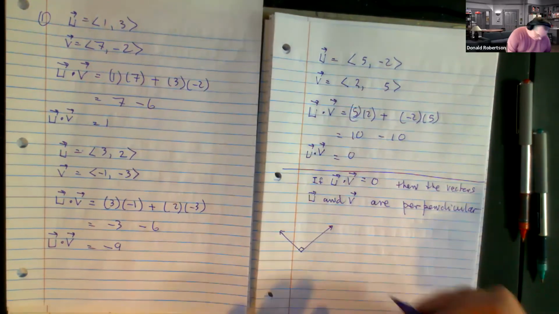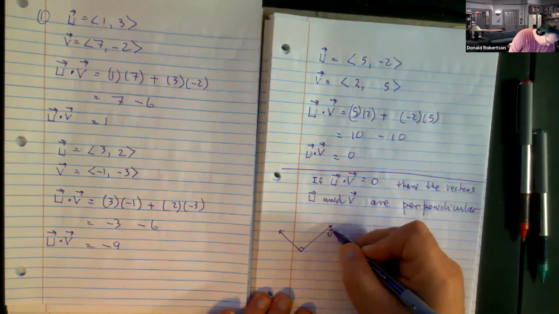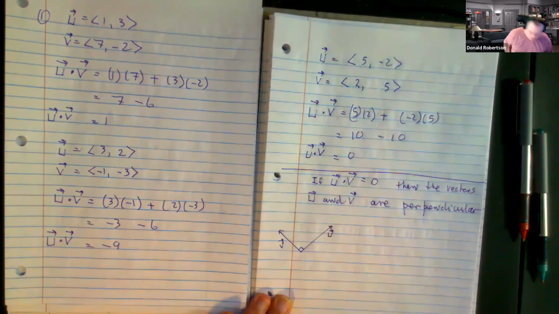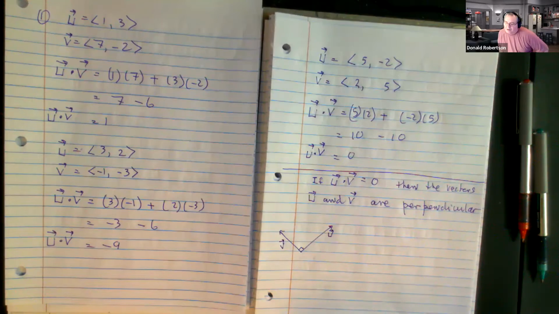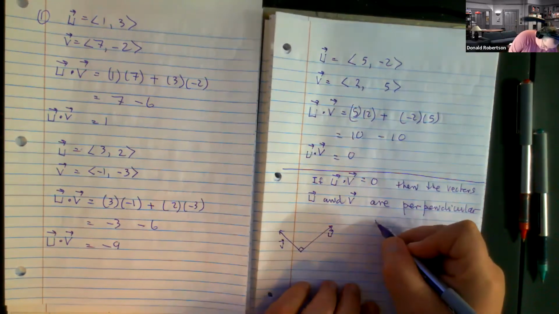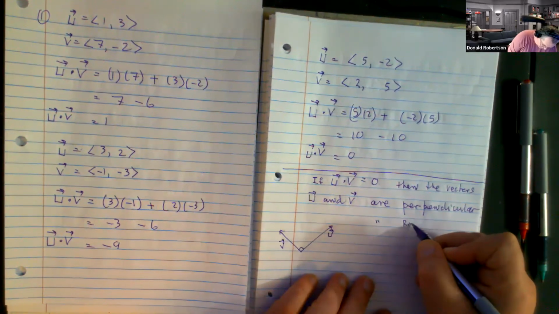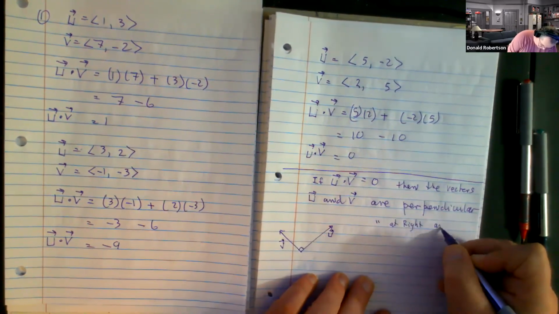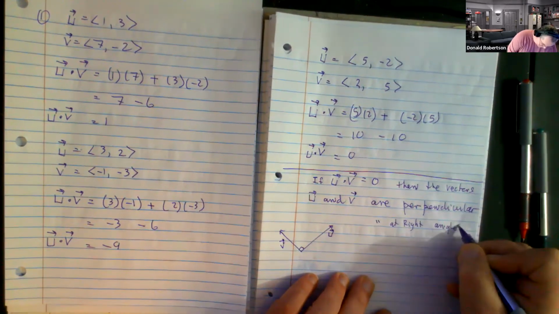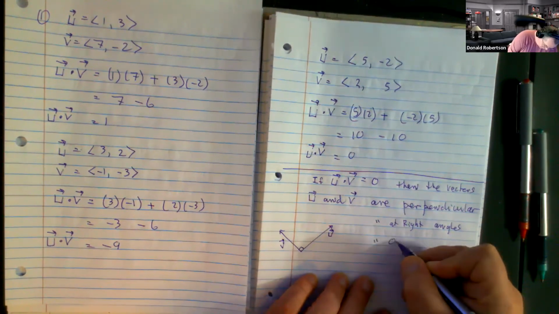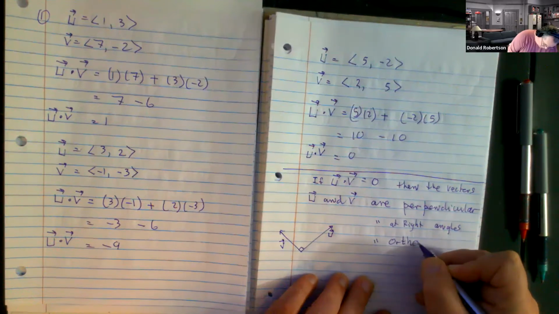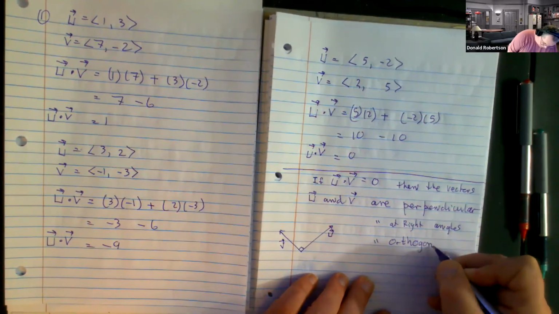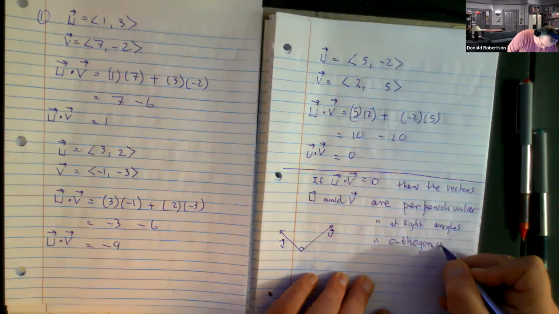The two vectors U and V will make a right angle. So U and V are perpendicular. U and V are at right angles. And U and V are orthogonal.